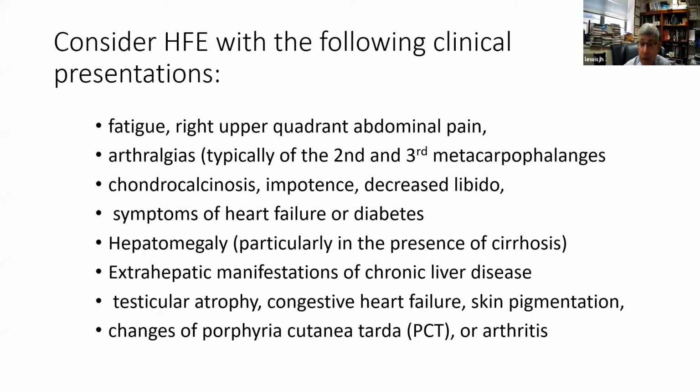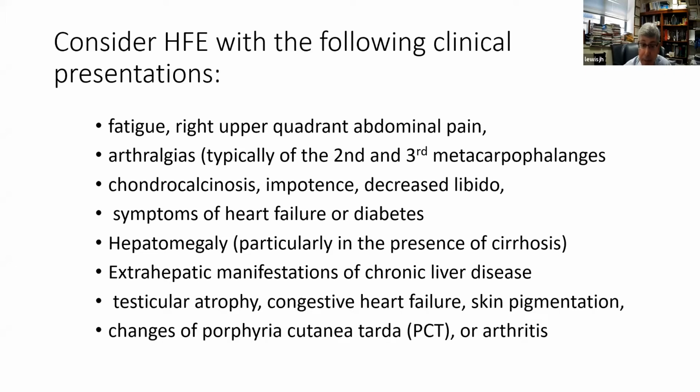Symptoms of hemochromatosis, they're nonspecific. Fatigue, right upper quadrant pain. We see that with viral hepatitis. We see that with fatty liver, arthralgias. We see that with autoimmune hepatitis. The impotence, decreased libido, that could be hemochromatosis.